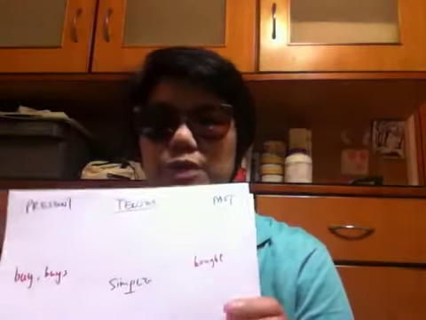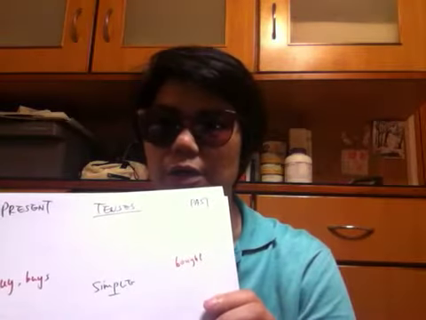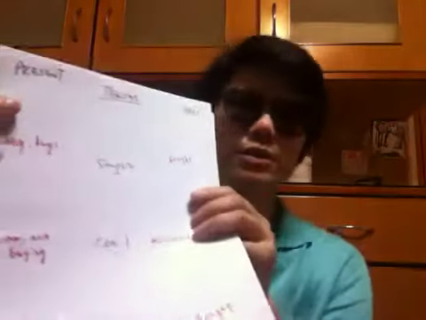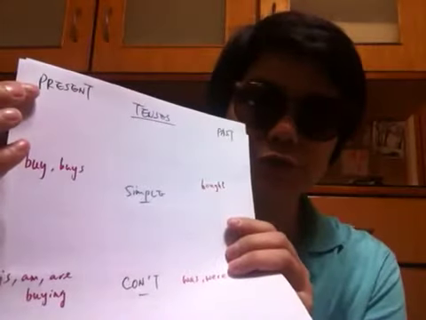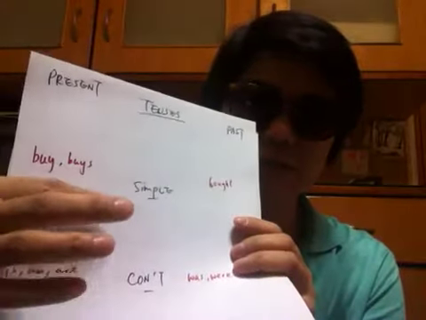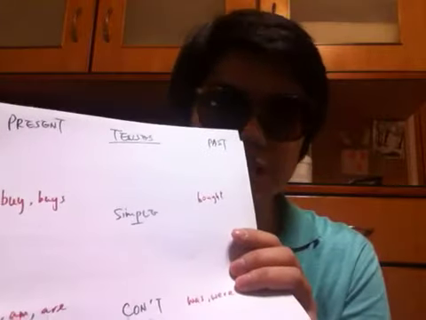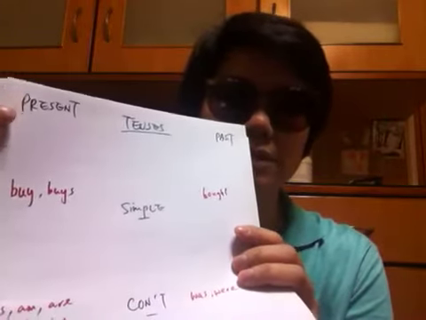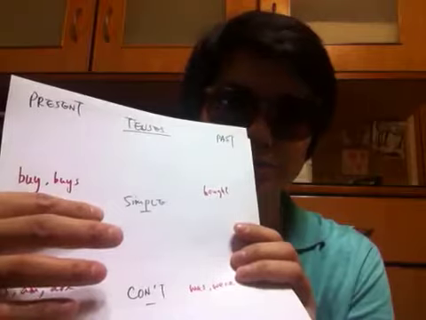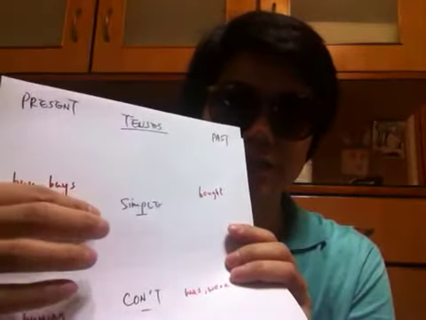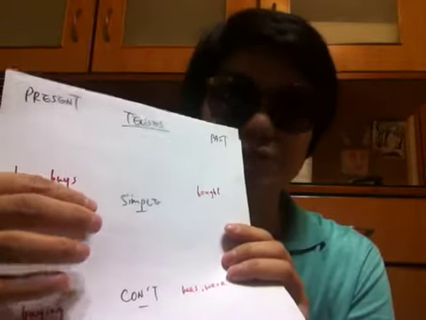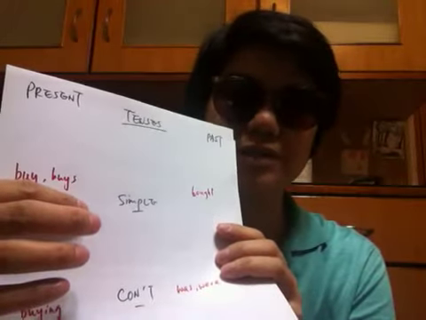And the third thing we need to learn is the use of the present simple tense. The present simple tense is for something that you usually do in your present time, or a regular action, regular activities in your everyday life, or something that is true in the present time.